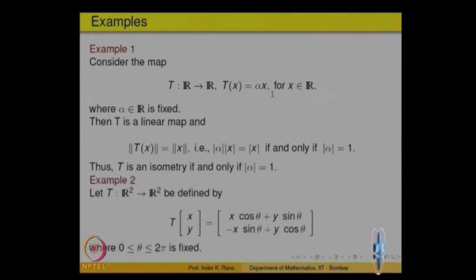Let us look at another one in the plane, R2 to R2. T of x y is x cos theta plus y sin theta, minus x sin theta plus y cos theta. Do you recognize this? We had looked at this example when we looked at matrix multiplication as a linear transformation. So, it is matrix multiplication by the matrix cos theta, sin theta, minus sin theta, cos theta.